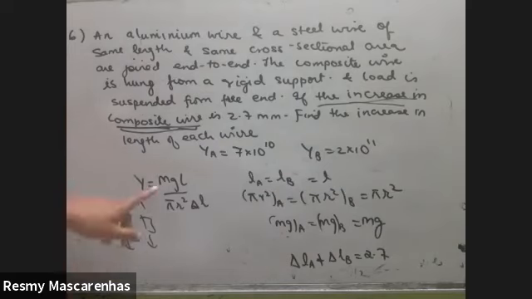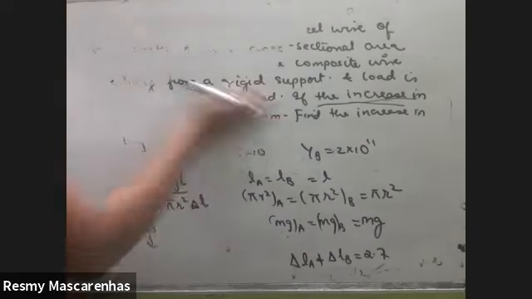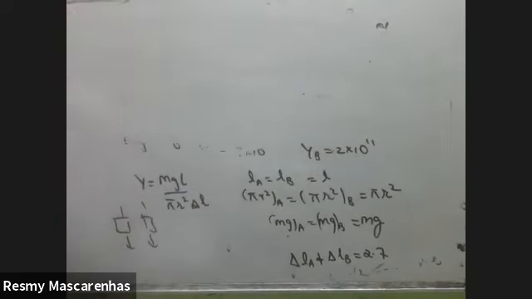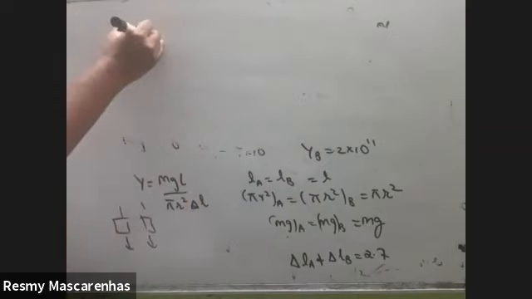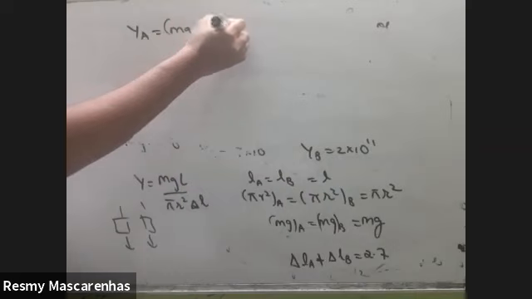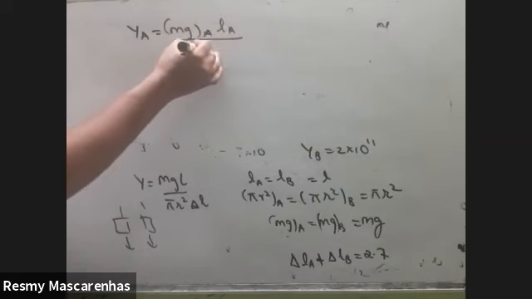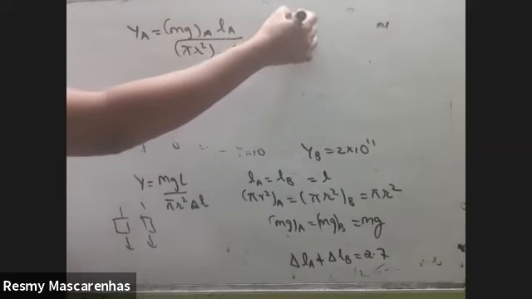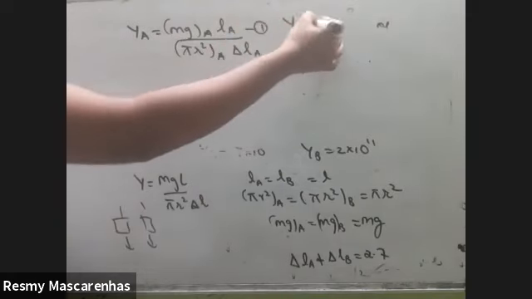Okay. So now the Young's modulus formula is there. So we'll write for both of them separately. So just put A everywhere. Same way for B. This is equation 1, suppose.